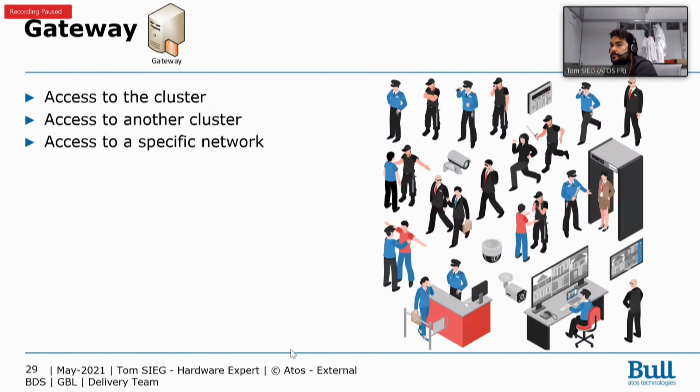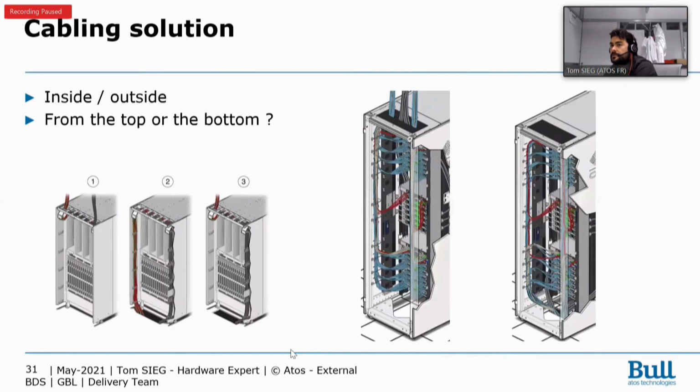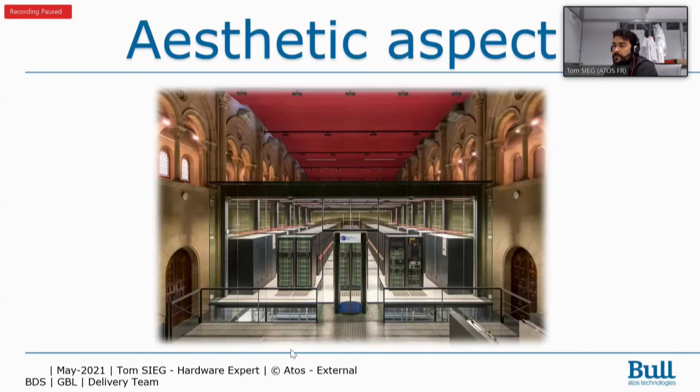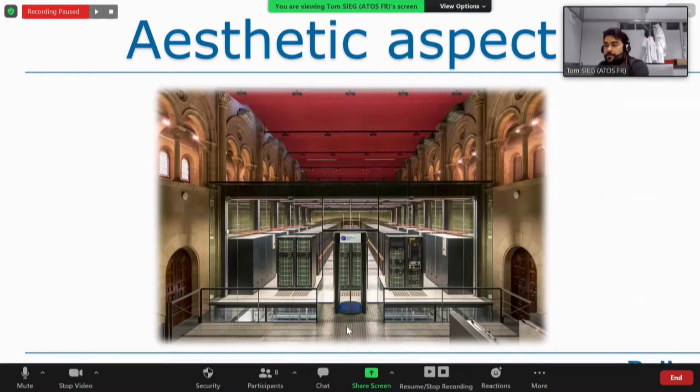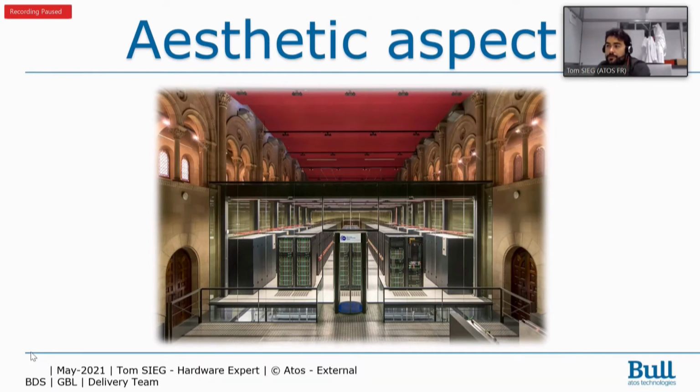So let's continue with the aesthetic aspects. In a data center, in an HPC project, generally the aesthetic aspect is for commercial people, communication people, journalists, press, because a cluster is the image of an institution, a company, a customer.